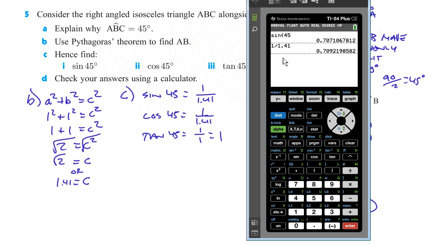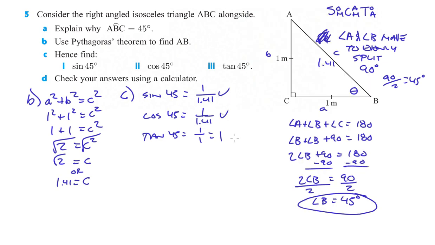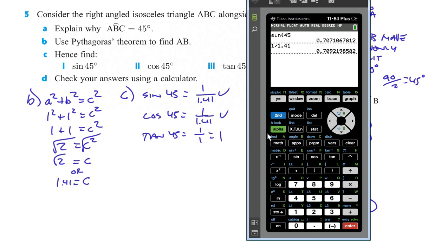It's the same, just because we rounded it off. So those two are both going to equal 0.707. Let me backtrack. Let's do cosine of 45. And look, cosine 45 is also 0.707, which is 1 over 1.41. And then tangent of 45 should equal 1, and it does.